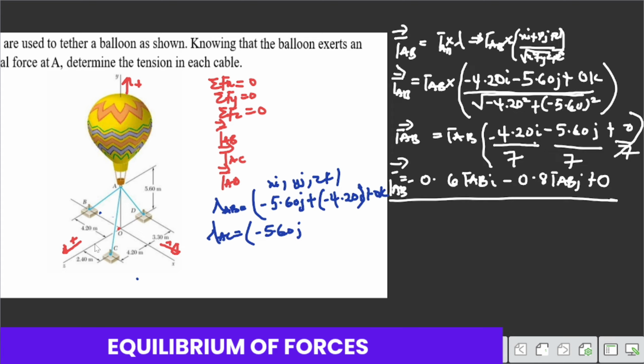Once we come here, now we need to move in this direction. Moving from this direction here, we are moving to positive Z. That is positive 4.20, so this side K here. Then lastly, we are now moving to this side. Since we are moving to this side, we're going to have plus 2.40, so 2.40 here, I here.